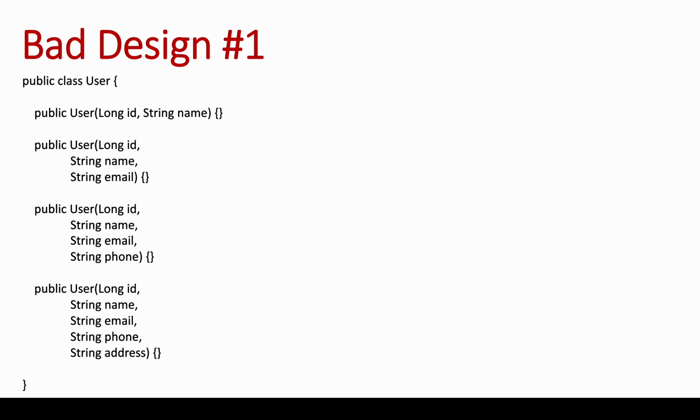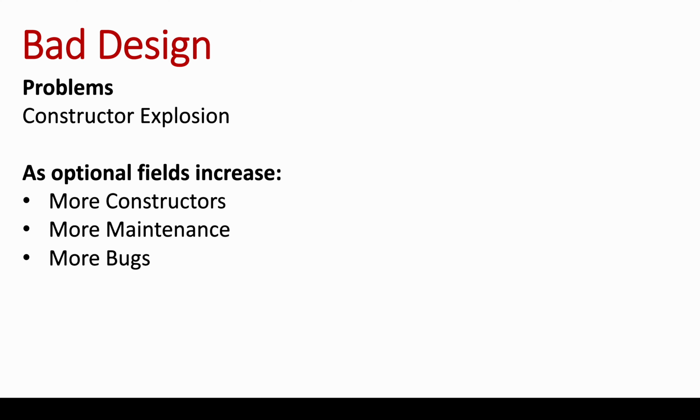This will create a constructor explosion, right? So one of the major problems that we will face using this design is constructor explosion. As optional fields increase, we have to introduce more constructors, the maintenance is more, and there is a very high chance that we will introduce bugs.